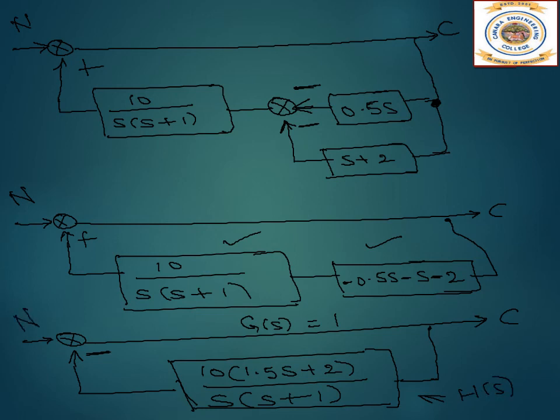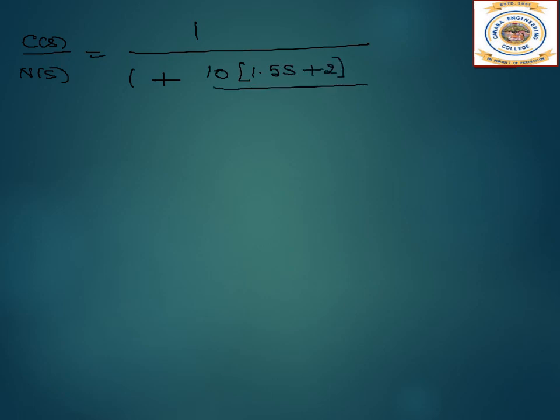This is N. Now let us solve to get the final answer. So C of s by N of s is G of s, 1, divided by 1, negative feedback so plus, G of s is 1, into H of s. So H of s will be 10 into 1.5s plus 2 divided by s into s plus 1.